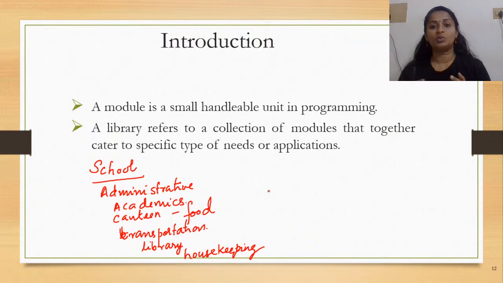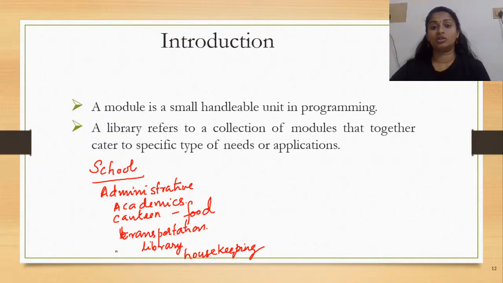Then academics, you would have the teachers and the principal, and you might have an academic supervisor or coordinator who would be completely looking into the academic section. Then you have people who run the canteen or take care of the food and snacks, the quality of the food being provided there, and the recruitment of the staff. All these jobs would be taken care of by the canteen section.